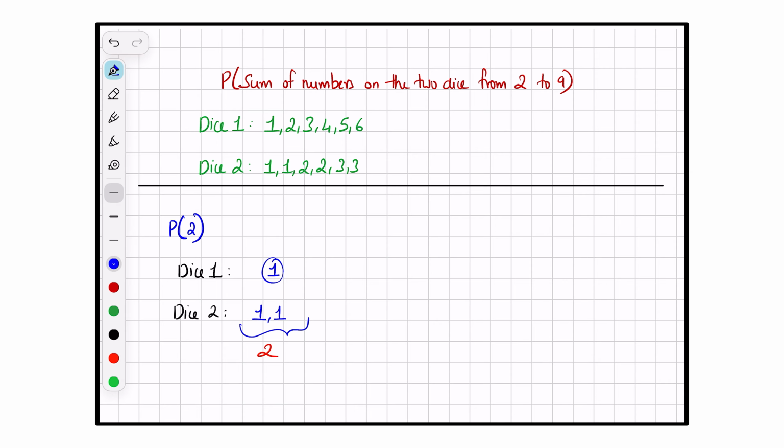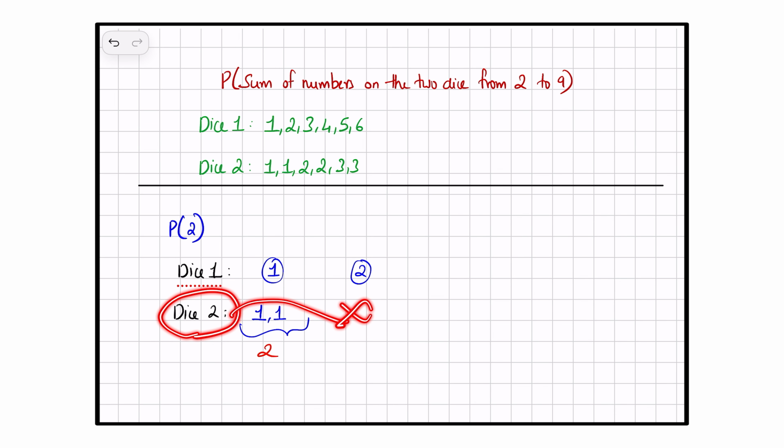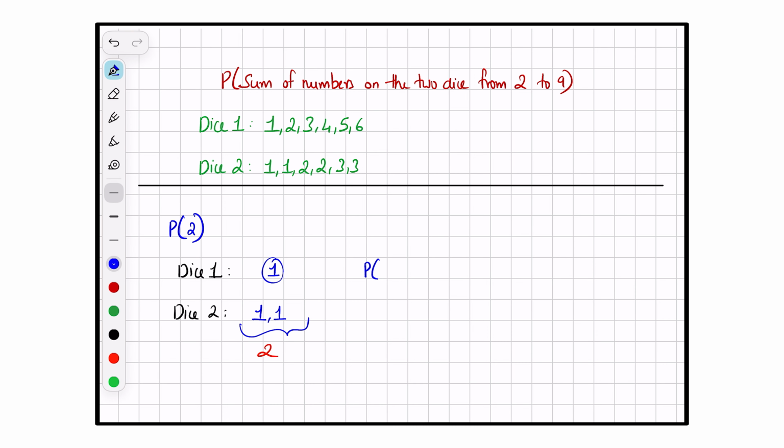For any other number on dice 1, let's say I get 2 on dice 1, is there any possibility on dice 2? Nothing. No number on dice 2 will give the sum 2. So the probability of 2 is going to be 2 favorable outcomes by total possibilities 36, that means 1 by 18.